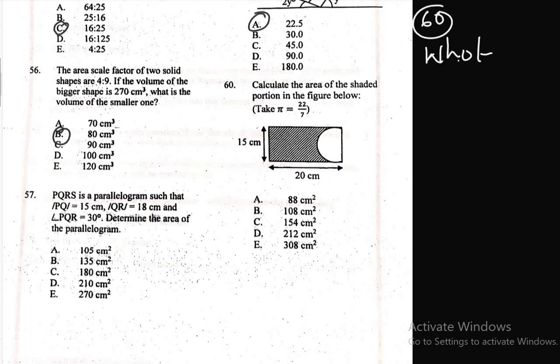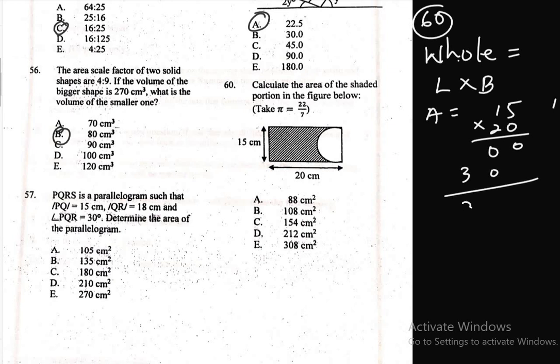The formula we need to use is whole minus unshaded. The whole is a rectangle, which is length times breadth. The area of the whole will be 15 centimeters times 20 centimeters, which is 300 centimeters squared. Now the area of the unshaded, and the unshaded is a semicircle, which is pi r squared divided by 2.